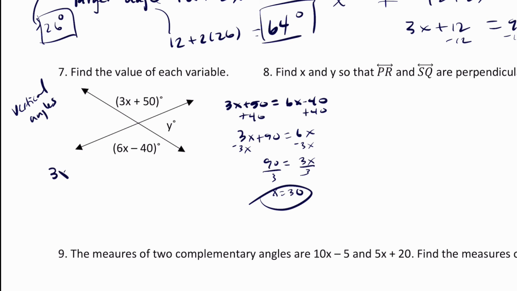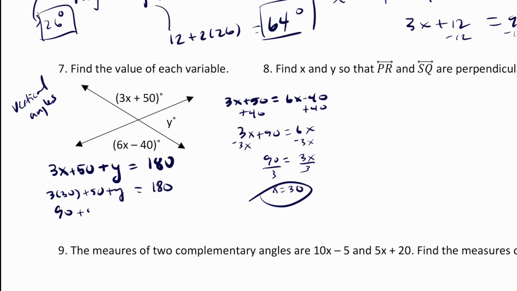So I have 3x plus 50, then plus y is equal to 180. Now this is kind of weird because you have 3x plus y and we don't know things, but we actually do because we already solved for x, which is 30, right? So all I gotta do is just replace this x with 30. So I have 3 times 30 plus 50 plus y, which is equal to 180. So I will get this.